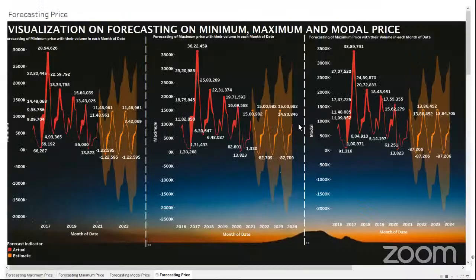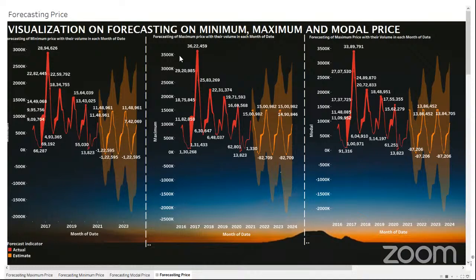Coming to forecasting, here we are focusing on forecasting of the prices. So we have a minimum price, maximum price, and the modal price. Coming to the forecasting of minimum price with their volume in each month of the date, we could find that there is a decrement happening from what we had in 2017.